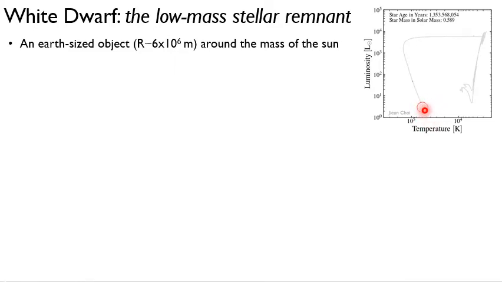So a very hot surface, but very dim. That white dwarf is roughly an Earth-sized object, and the mass is around the mass of the sun. So that's pretty compact. It's 100 times or so smaller than the sun, but around the same mass.